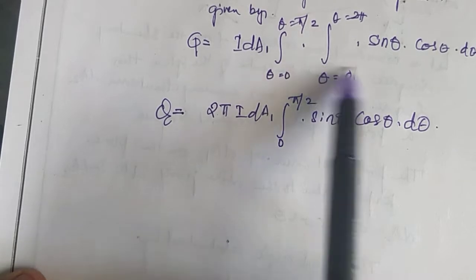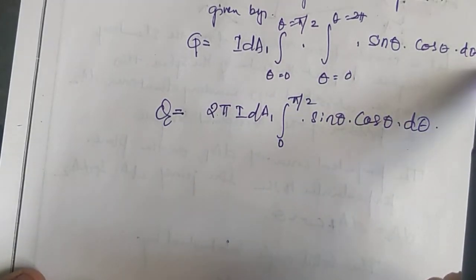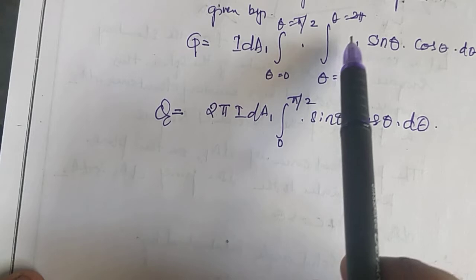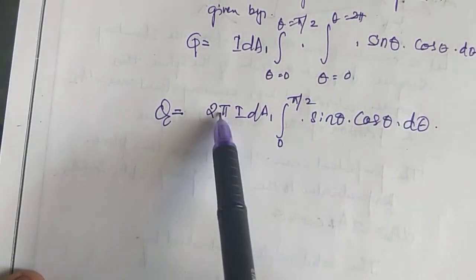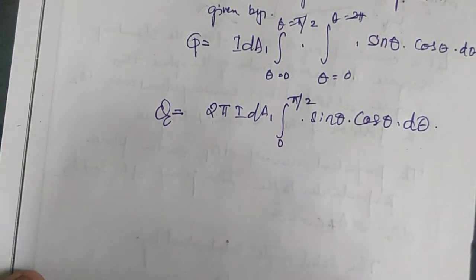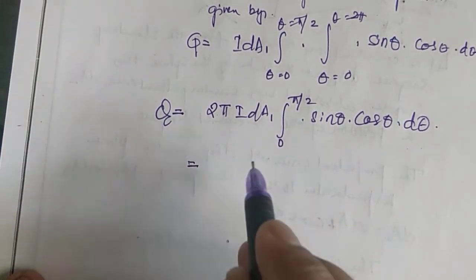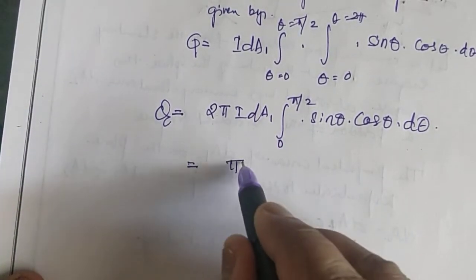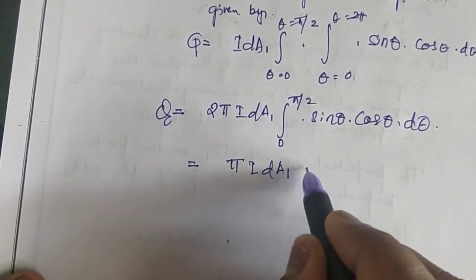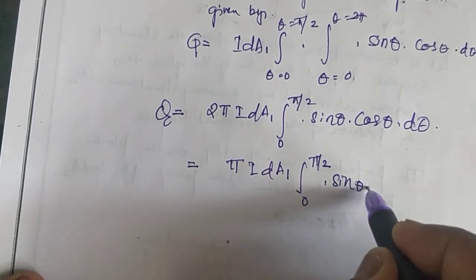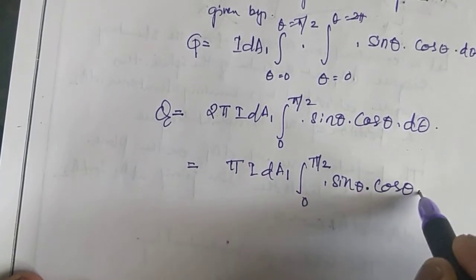First you integrate the d phi term. The integration of d phi is phi, with limits 0 to 2 pi, so 2 pi minus 0 is 2 pi. I dA1 is taken as it is, and the remaining term I have written.